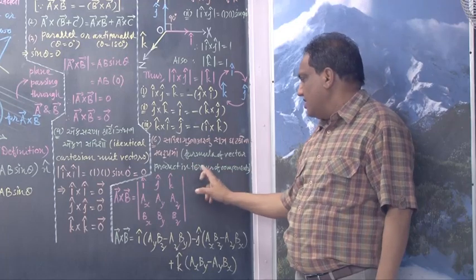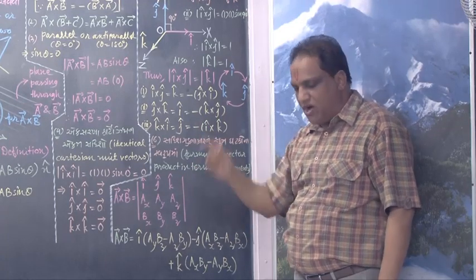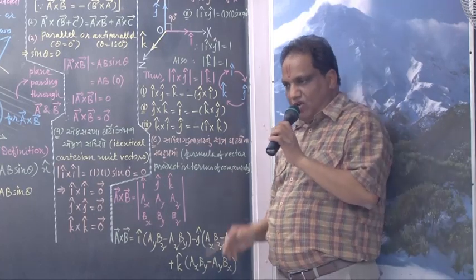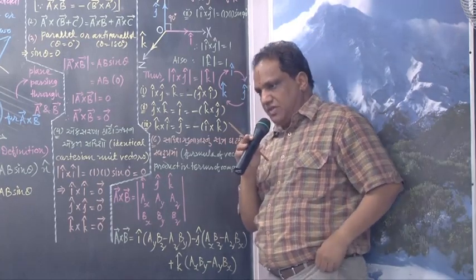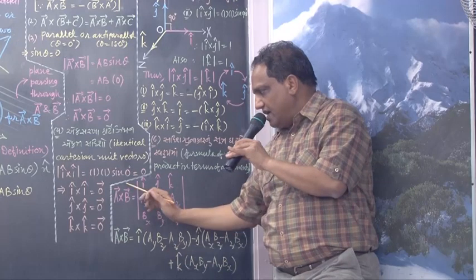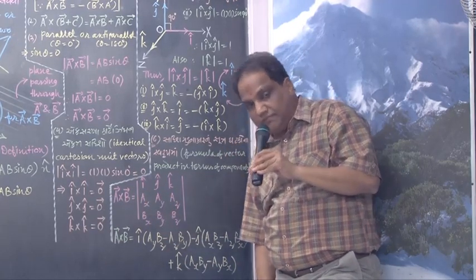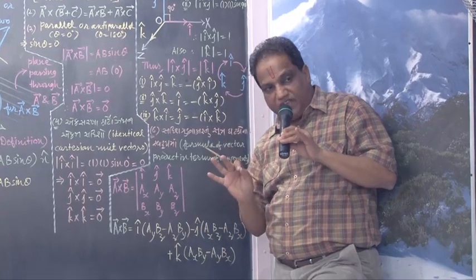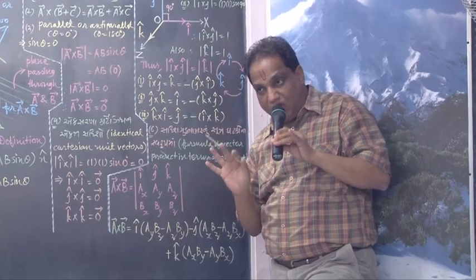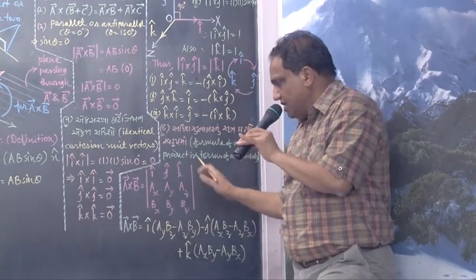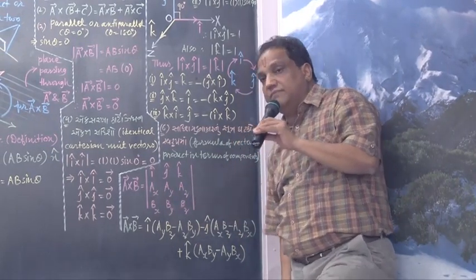Formula of vector product in terms of components. So first of all, you write vector A cross vector B. Its formula is shown by a specific mathematical arrangement of 9 numbers, and that arrangement is known as a determinant.